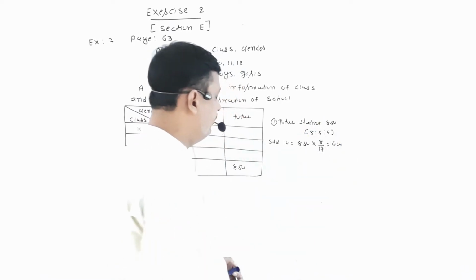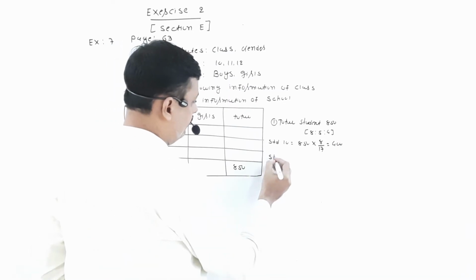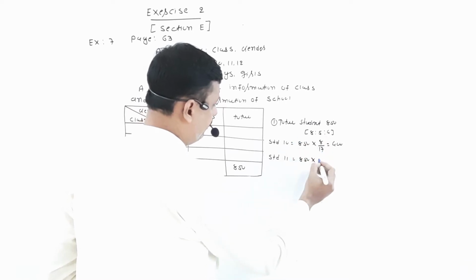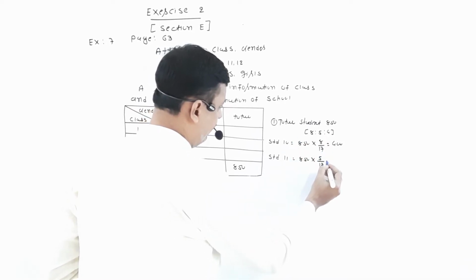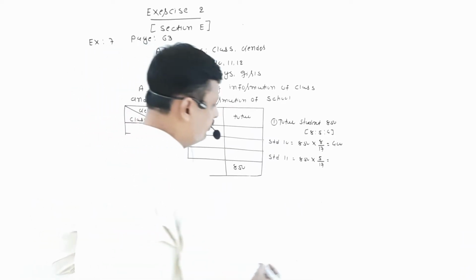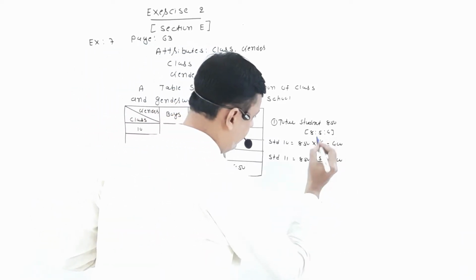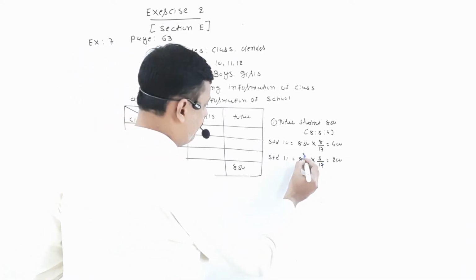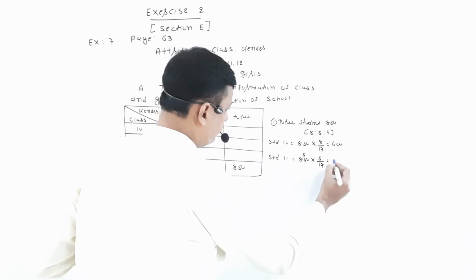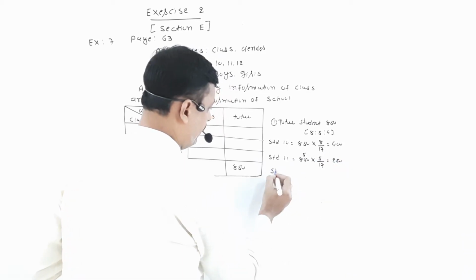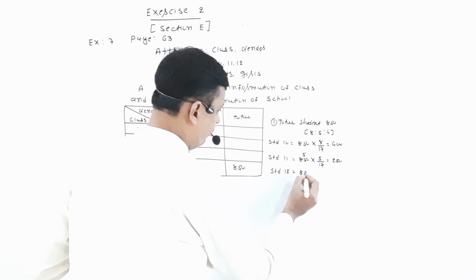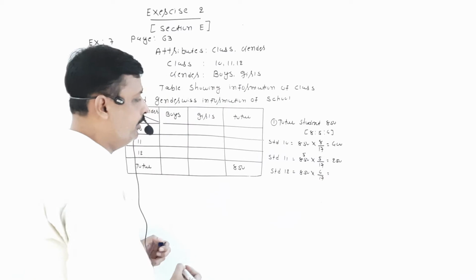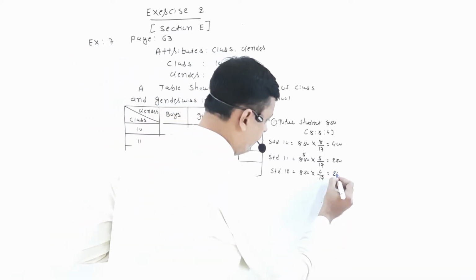That is 400. In standard 11, 850 into 5 upon 17, 250. And standard 12, 850 into 4 upon 17, 200.